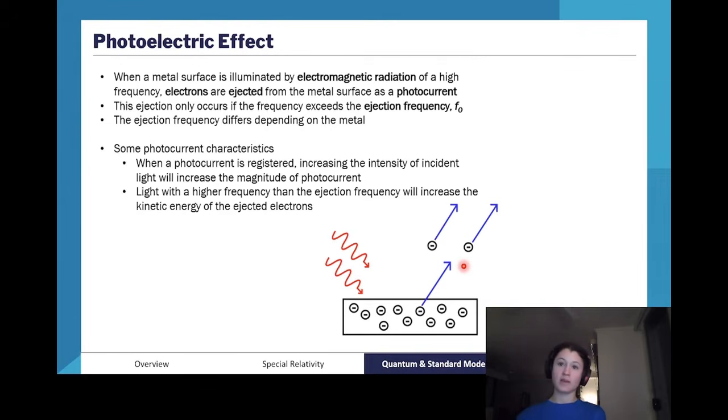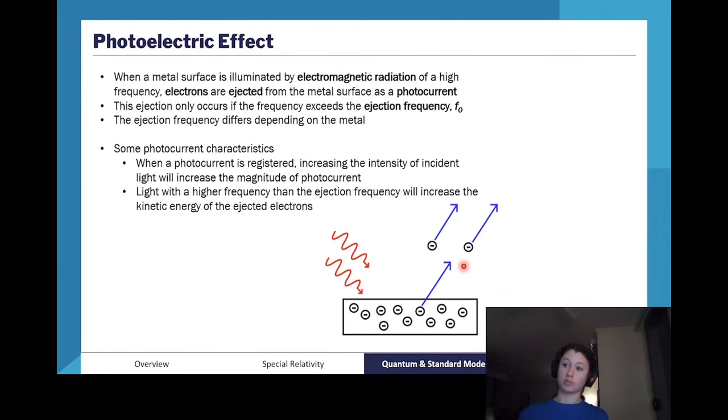However, even if we have a high intensity and lots of photons, if they don't have enough energy in themselves, still no electrons will be ejected, because all of our photons are coming in, giving energy to lots of electrons, but not enough. So the electrons might be able to get a little bit farther away from the atom they are orbiting, right?